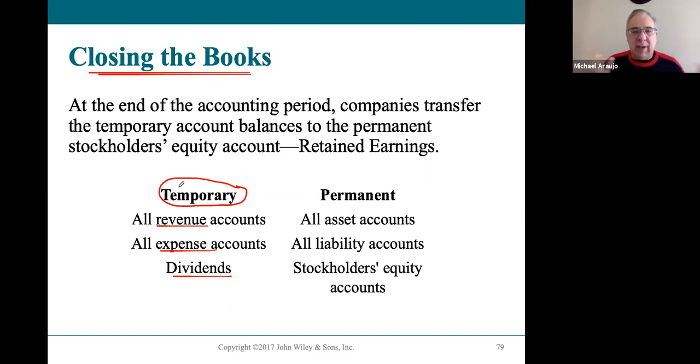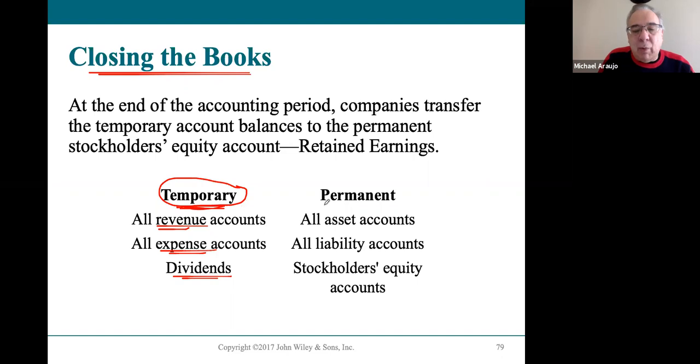The longest we can measure is the 1 year period. So that makes them by default revenue, expense, and dividend accounts are temporary because we can only use them for one full year before we have to close them. Then we can use them again for the whole next year. Then we go to close them. Then we use them again, year to year to year.